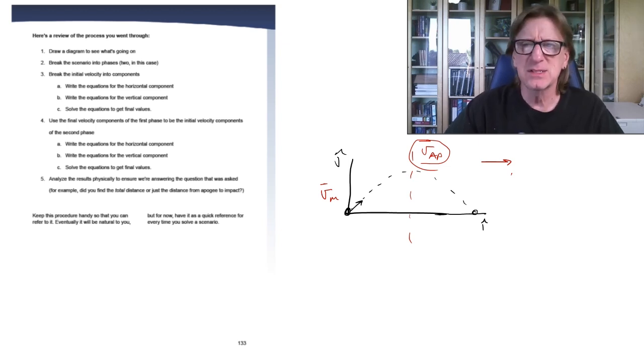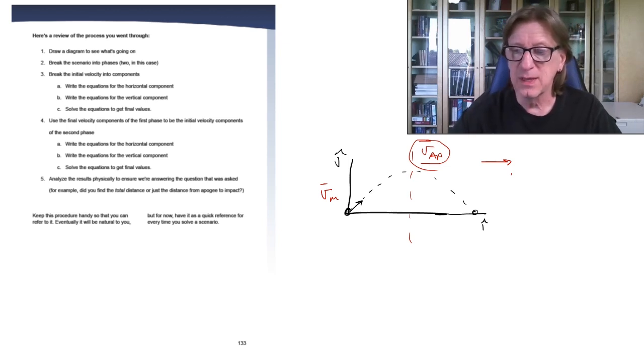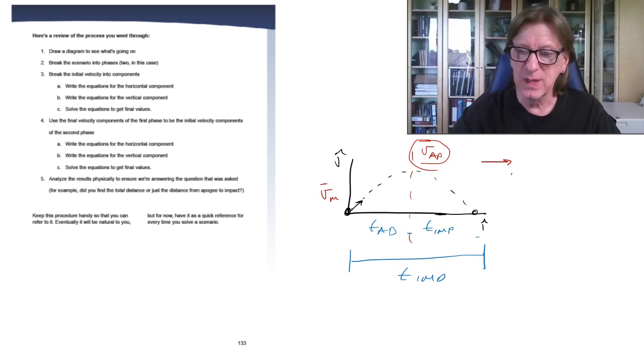And then this last part is very important. Analyze the results physically to ensure we're answering the question that was asked. And that gets into this idea of, let me put this in blue, is this T impact and this is T app? Or is this T impact? Well, obviously T impact was each one of these halves, but we had this similar problem when we were talking about our distance.